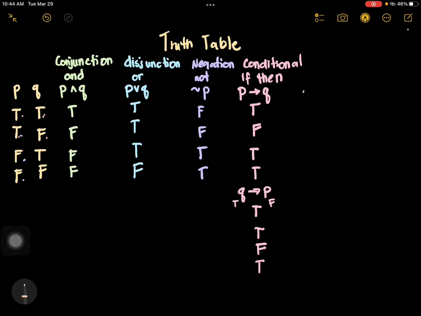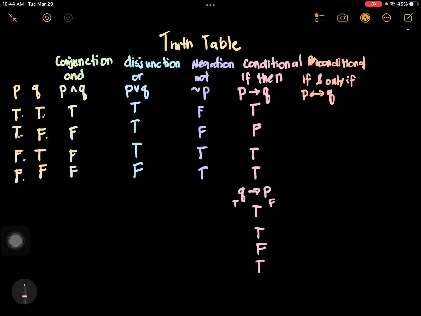The next one is what we call biconditional. That is P if and only if Q, written like this, if and only if. So this is biconditional. For biconditional, if P and Q are both true or both false, then the proposition is true.